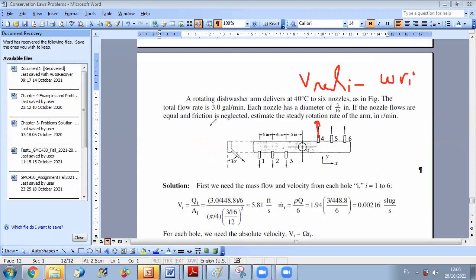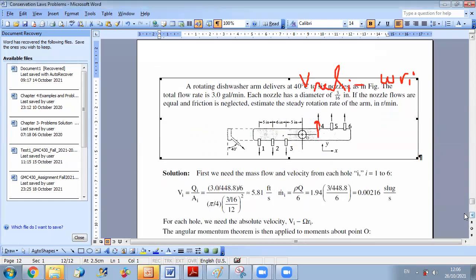Now, in order to find the angular velocity, I should write the principle of angular momentum for my system.